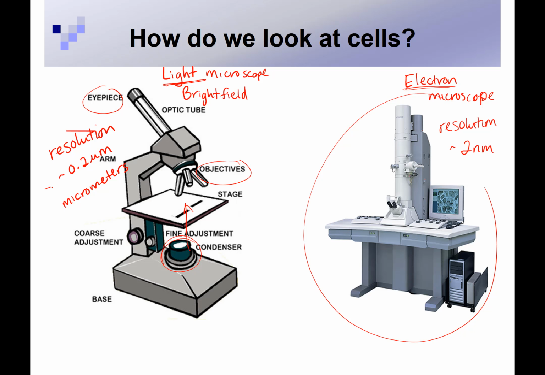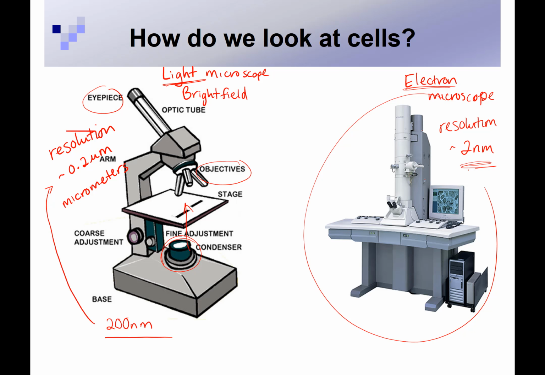So you have to remember that 0.2 micrometers is the same as 200 nanometers if you do your conversion. So an electron microscope can get about 100 times more resolution, more details than a light or bright field microscope. A disadvantage of an electron microscope is that you have to kill your sample. So the cells have to be fixed in order to shoot the electrons and get the image. Whereas a light microscope, you can look at live cells or you can look at dead and stained cells.